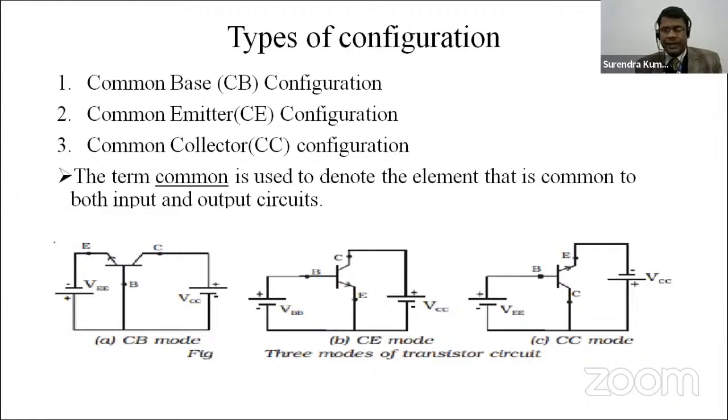It cannot be considered as an output. Emitter can be considered as input as well as output. You can see in this first circuit diagram, common base configuration, emitter is the input terminal, and in this third one, common collector configuration, emitter is the output terminal. So we can say emitter can be considered as an input and as the output.